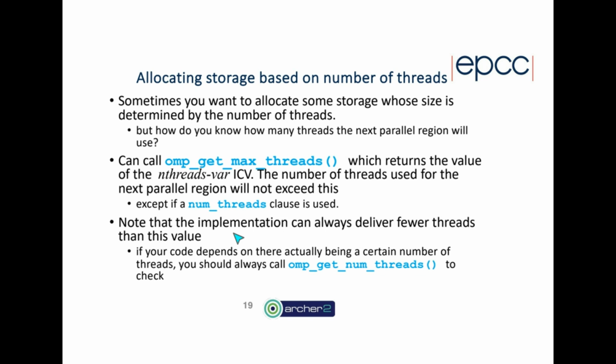So if your code actually depends on there being a certain number of threads present in a parallel region, you should always call omp_get_num_threads inside the parallel region to check that you got the number of threads you were expecting. If you look at the OpenMP specification, there's quite a complicated algorithm for determining exactly how many threads you get, but the implementation always has a get-out, which says it's always allowed, for whatever reason, to give you fewer threads than you asked for.